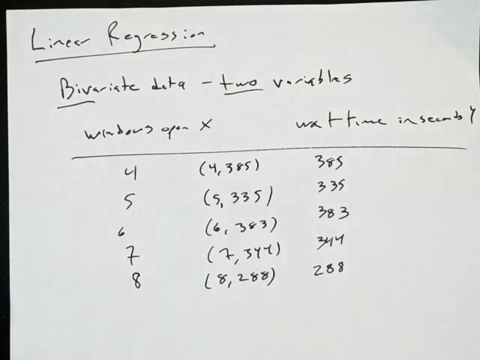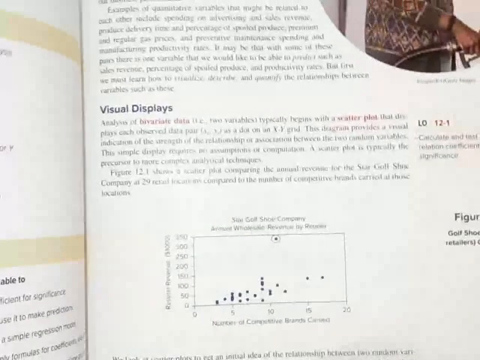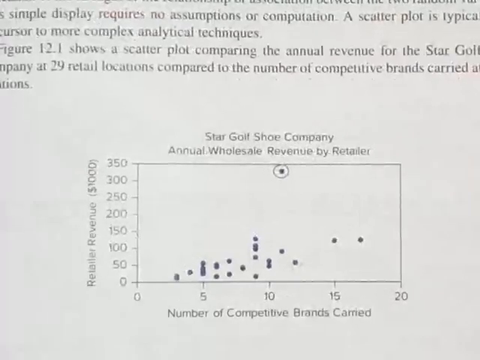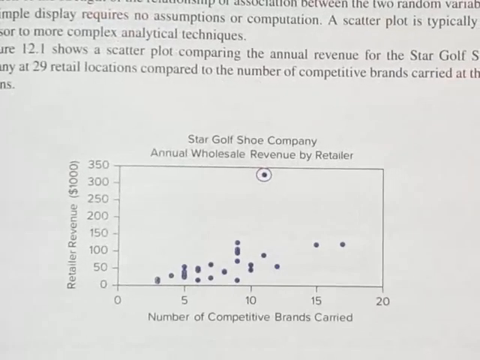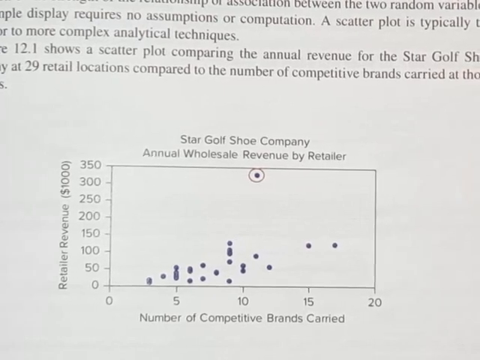Now, I can do that just by looking at the scatter plot. And depending on the scatter plot I am looking at, I can see a number of interesting things right away. So here, on page 457, number of competitive brands carried by a golf shoe company against the annual wholesale revenue.